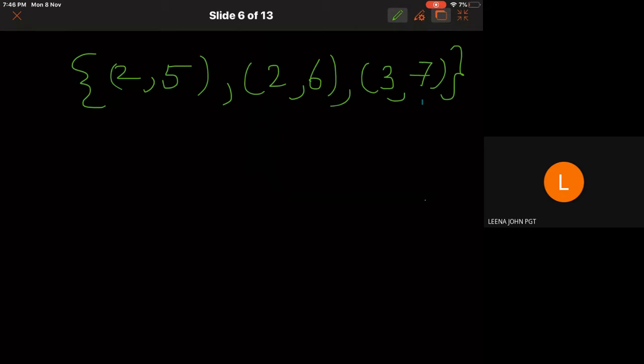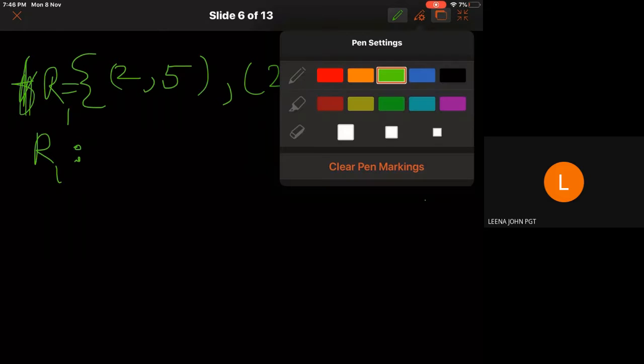If just given the name or it is given as R1, this is a relation. A relation becomes a function under certain special conditions. You have to remember that the special condition is that every element of the first set should have a unique image. Here, when you are given this R1, we are just supposing that R1 is defined from the domain of this.